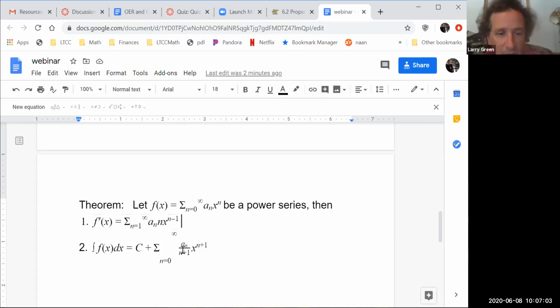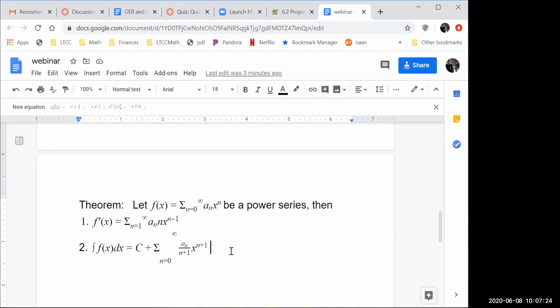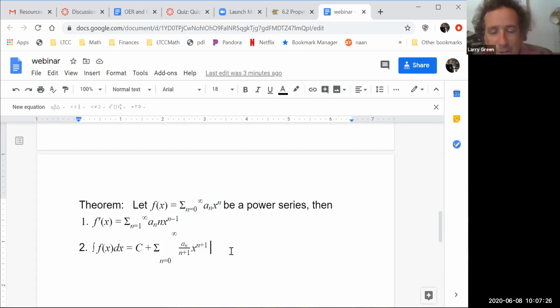What about the integral? What's bigger? The integral or the original? I think they might be proportional. Not quite, but that was a good try. So look at it. The difference is the 1 over n plus 1.